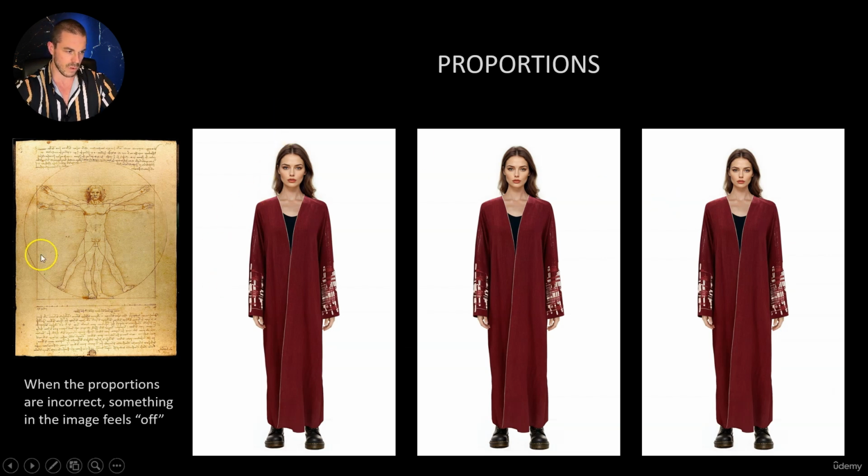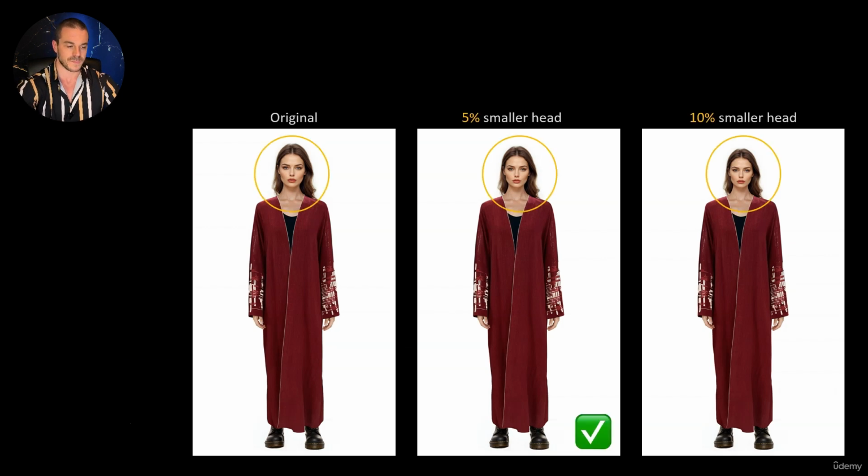Maybe you know this world famous drawing of Leonardo da Vinci called The Proportion Study of Vitruve, and it basically shows the perfect proportions of a human body. So the distances between the limbs and also the sizes of the different limbs. And only if the proportions are correct, an image looks nice.